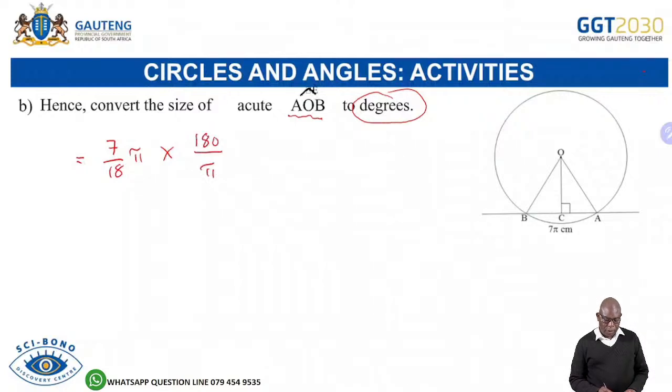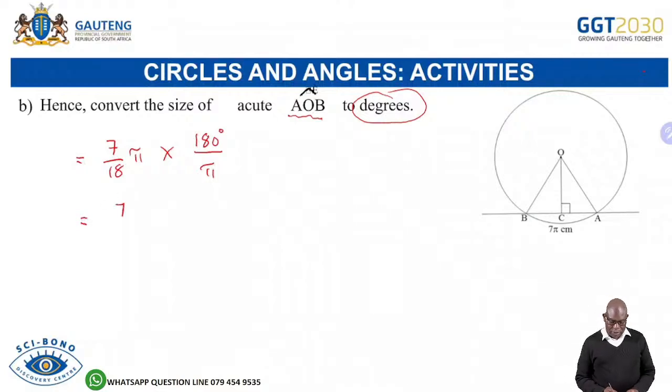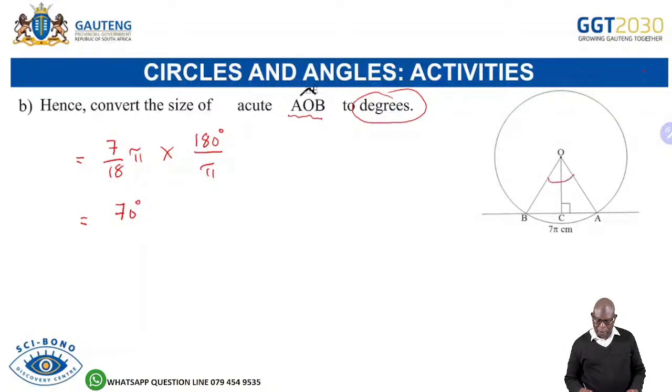Can you see how many times this question comes? The conversions are very important. So 7 over 18 pi multiplied by 180 degrees divided by pi, and the answer that I'm going to get there is 70 degrees. So meaning that this angle here is 70 degrees. And remember, it's an acute angle, so it can be 70 degrees.